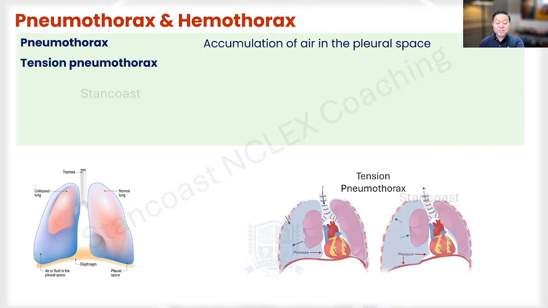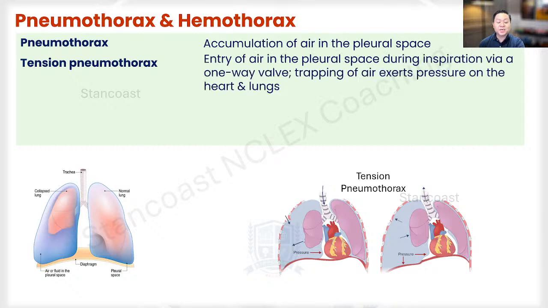The trapped air can increase the pressure on the heart and the lungs. So pay attention here. Tension pneumothorax can compress the blood vessels and also reduce the venous return into the heart, and this can lead to a decrease in cardiac output.